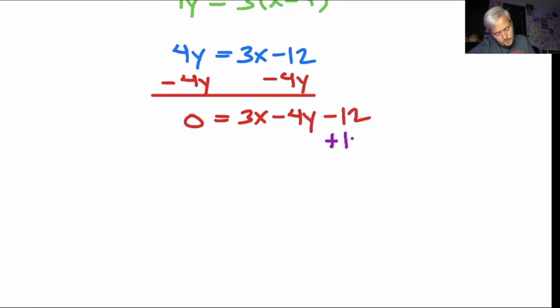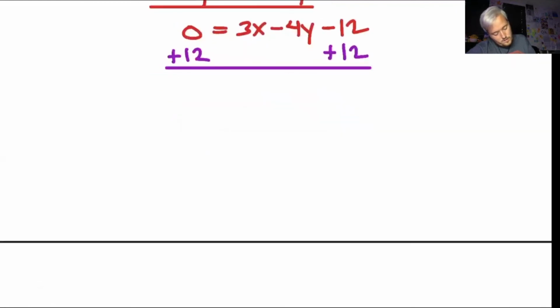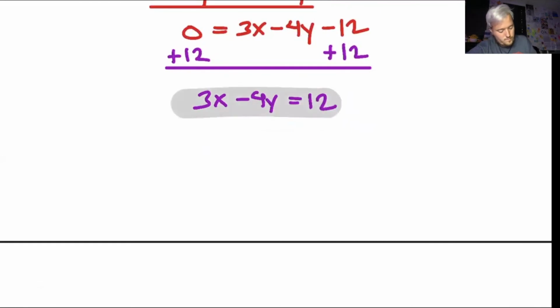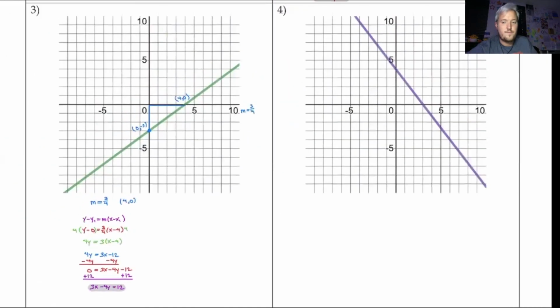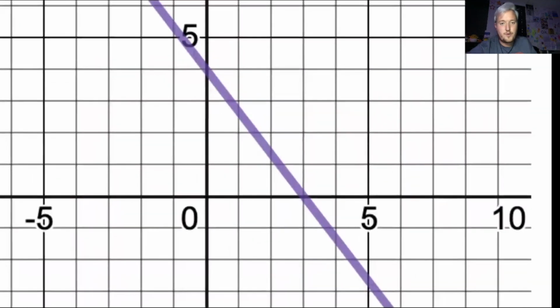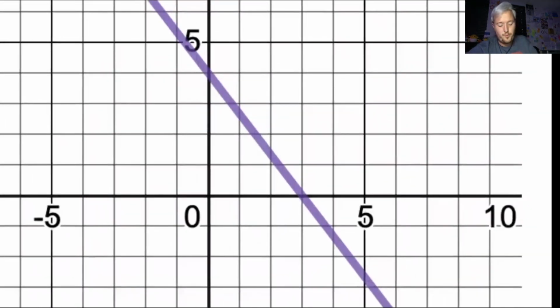Then add 12. So I will have 3x minus 4y equals 12. Notice how I'm using both the x and the y-intercept for both points and to find my slope. It just makes it a little bit easier.